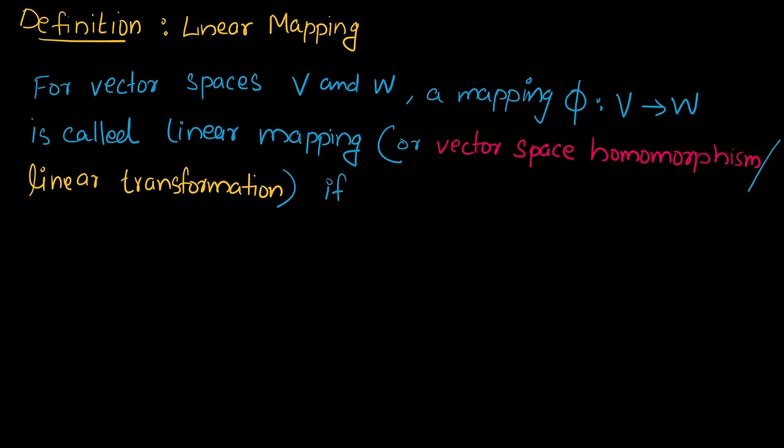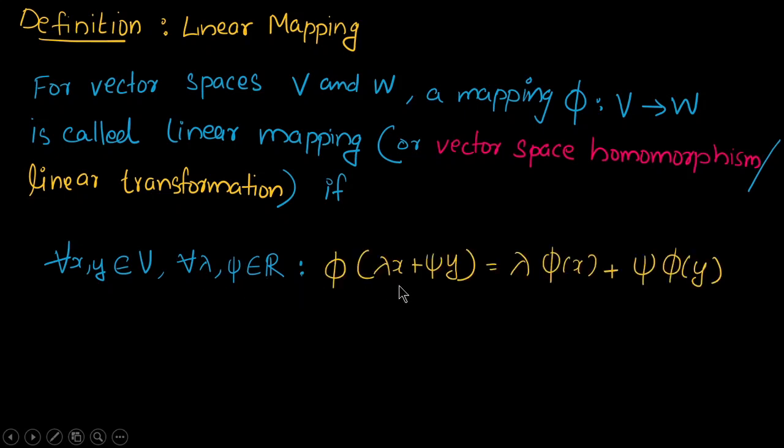Okay, and the condition for making a mapping a linear one is the previous two conditions summed up into a single statement like this: for all x, y belongs to V, and for all lambda, psi belongs to R, phi of lambda x plus psi y is equal to lambda of phi x plus psi of phi y.